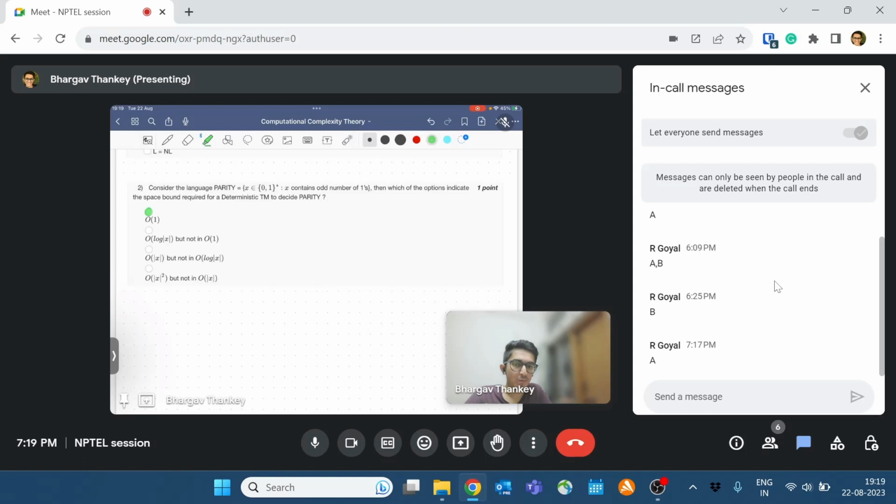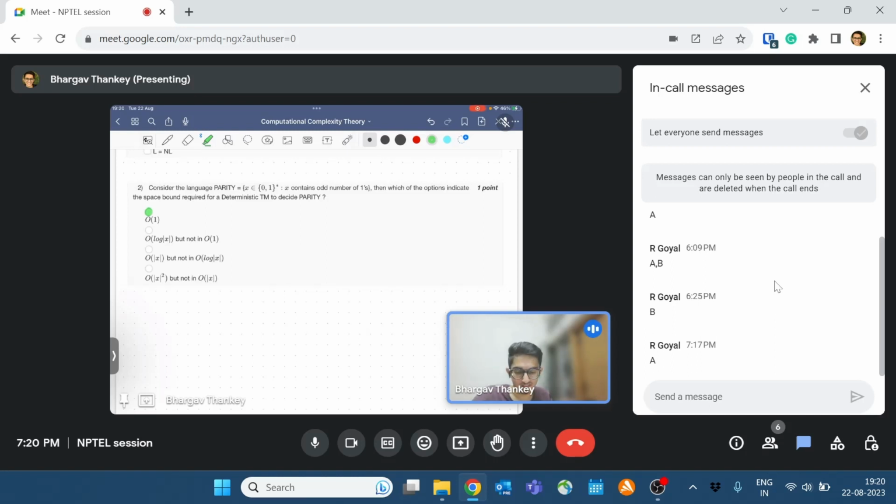So if you make just one pass on the input, which is the input tape so you can't write on it, and use constant space, then yes, it's a regular language. So that shows that parity is in O(1).